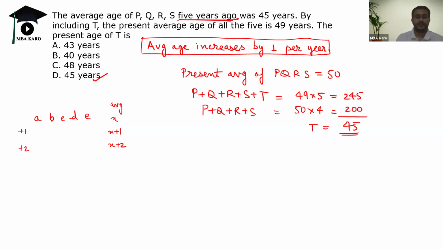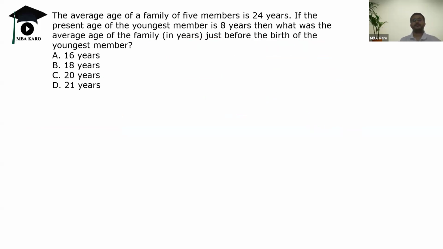All right. Now let us see the next thing here. This includes questions where a person is born or dies, where average age is involved. It says that the average age of a family of 5 members is 24 years.